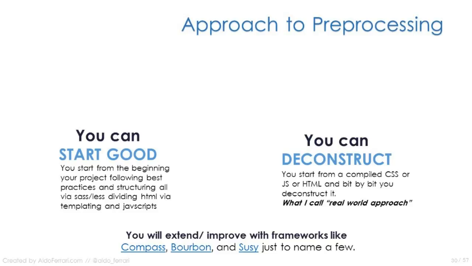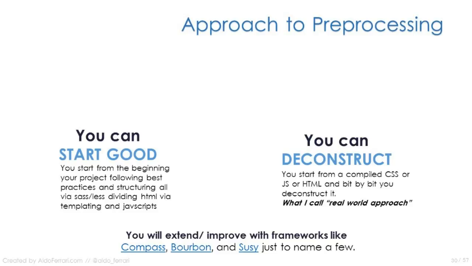But what happens in the real world? What happens when you go to a client, and they already have a website, and of course they have a huge amount of CSS? What you should do, and what we do, is what we call deconstruction. You start small, that means you create the structure of your project, of course with Sass or Less.